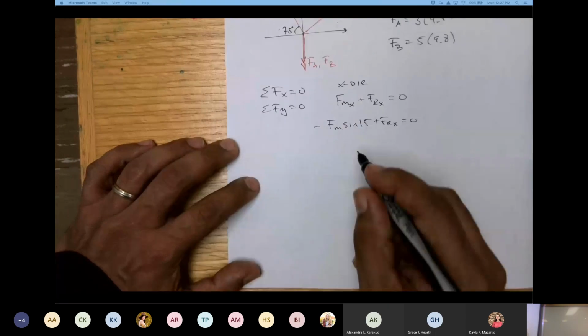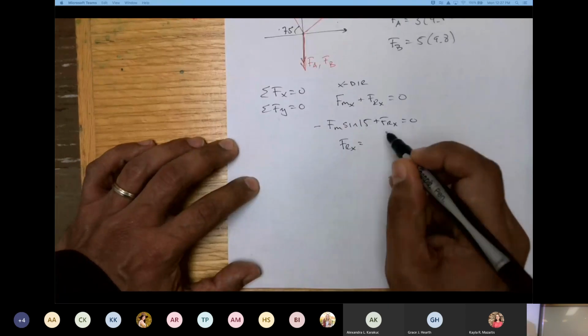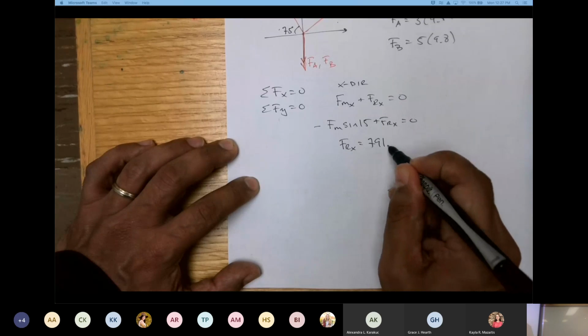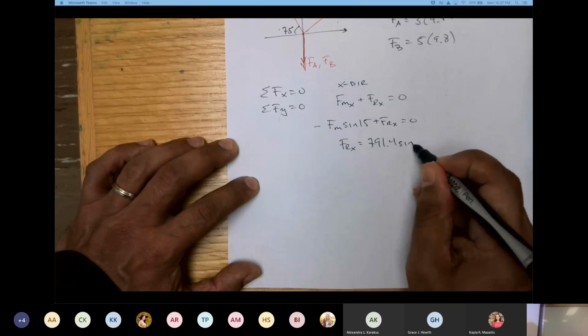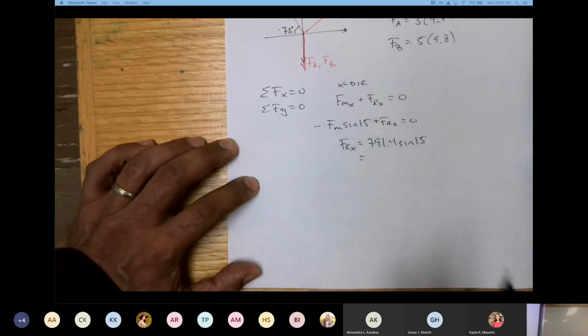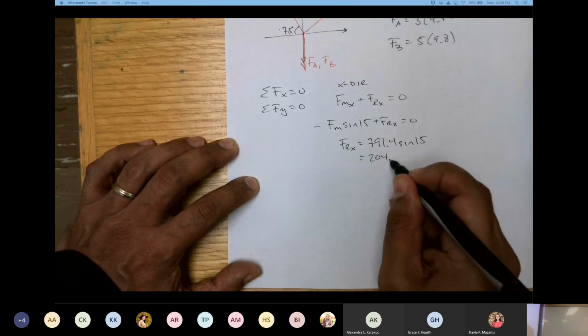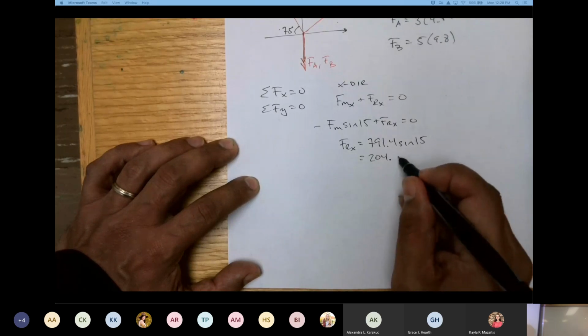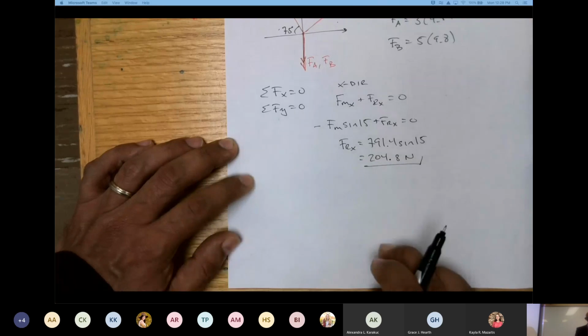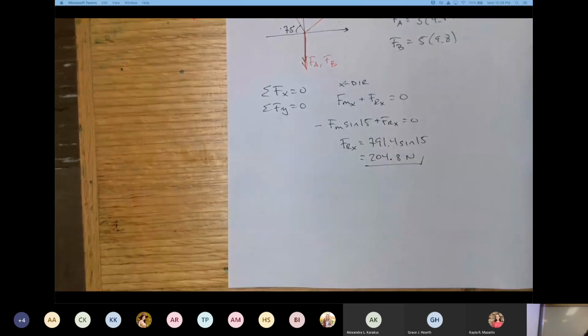This will be 791.4 sine of 15, and I got 304.8 newtons. So that's the value of the x component of that force.